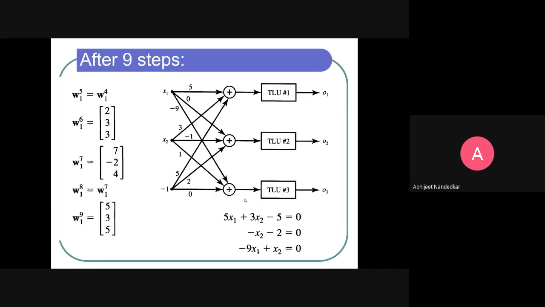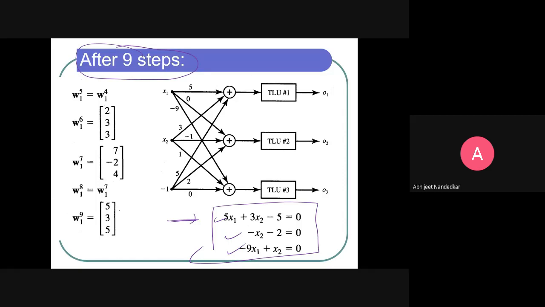If you keep on doing like this, after 9 iterations you will get a correct settlement of your neurons, and you will get the weights implementing these particular decision lines.